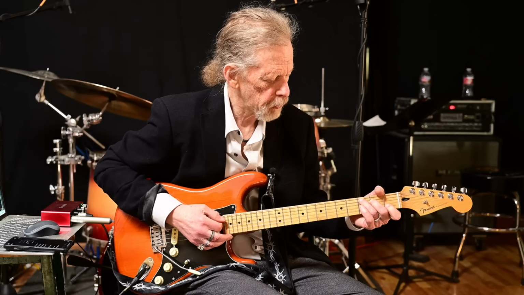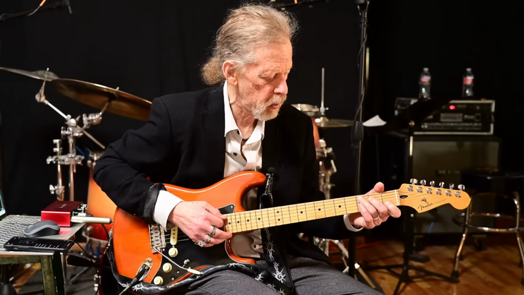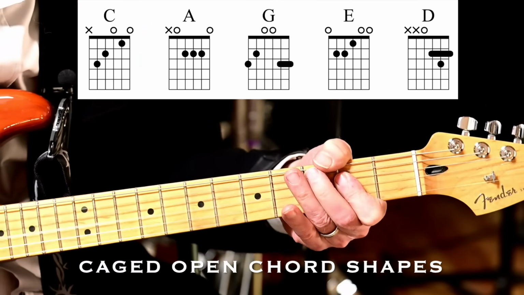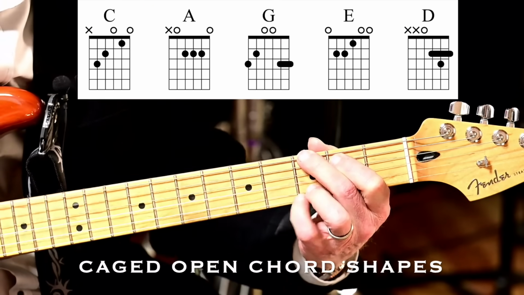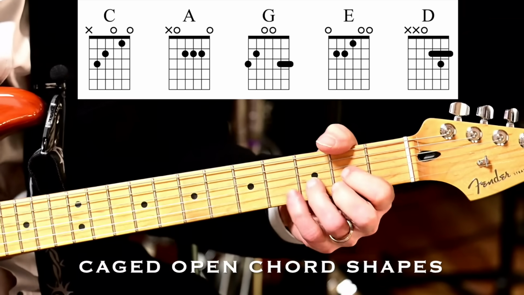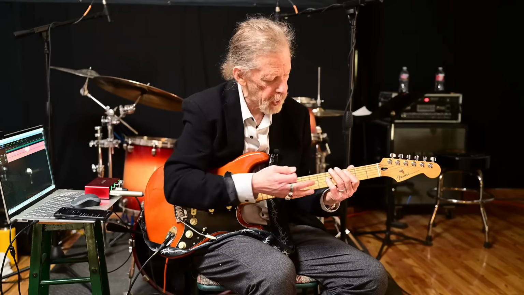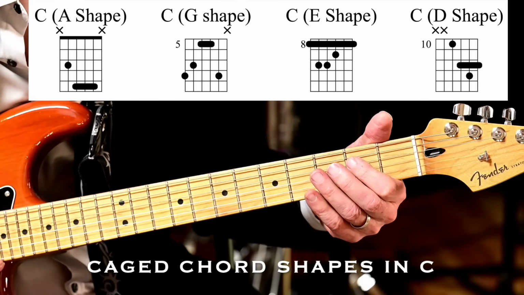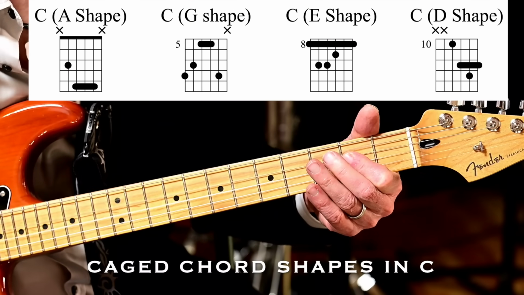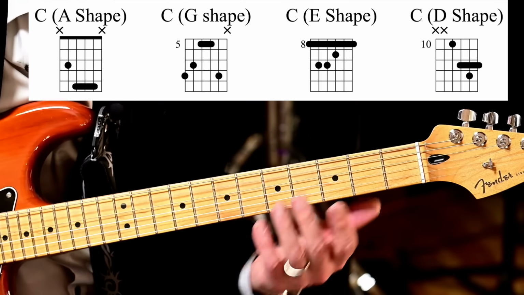So your CAGED, if we were going to stay in one position, I'm actually going to play the shapes and chords. So we have C, A, G, E, D. So if we were going to go up the neck, this is A because the A position in first position is, and the nut is taken over by my finger.